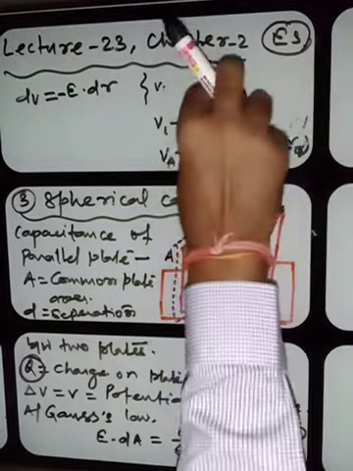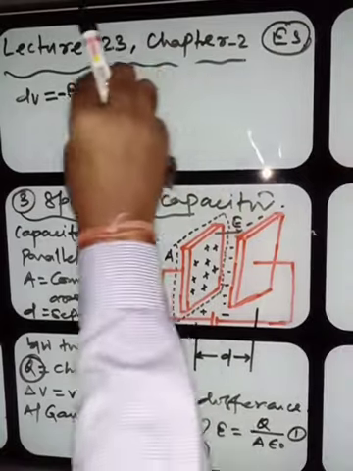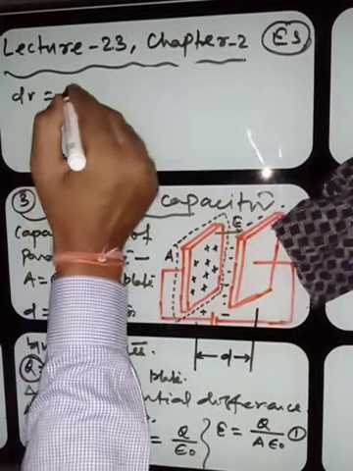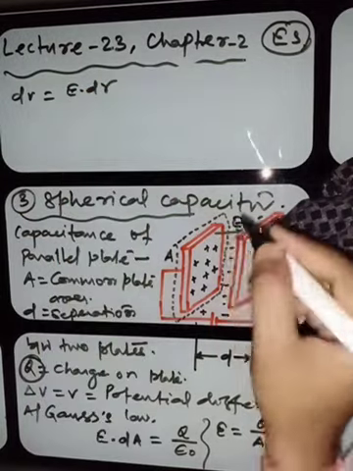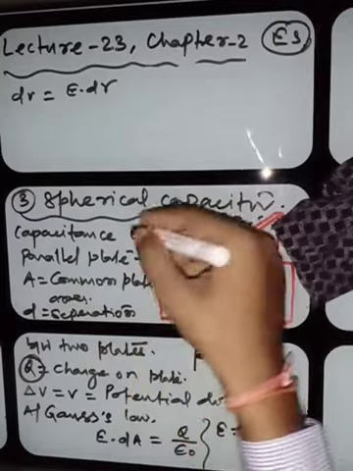So I'm writing dV equals E dot dr. Now I am not using minus; you know very well the reason behind that.